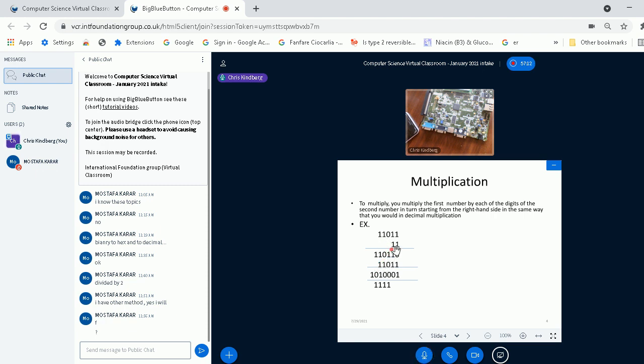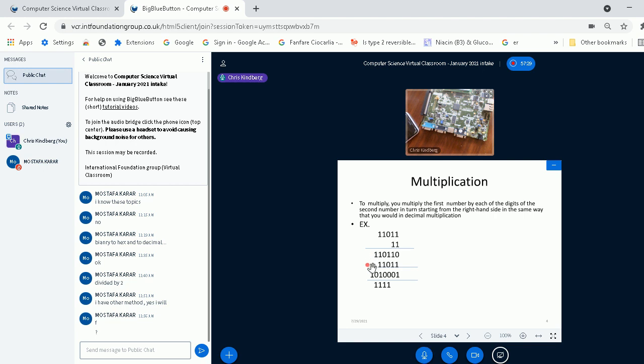And taking the second binary digit, 1, and putting an initial 0 here: 1 times 1 is 1, 1 times 1 is 1, 1 times 0 is 0, 1 times 1 is 1.